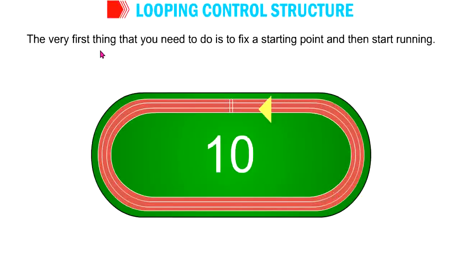The very first thing you need to do is fix a starting point and then start running. Look here, 1 is the starting point. 1, 2, 3, 4, 5, 6, 7, 8, 9, 10. You are repeating the same track 10 times.